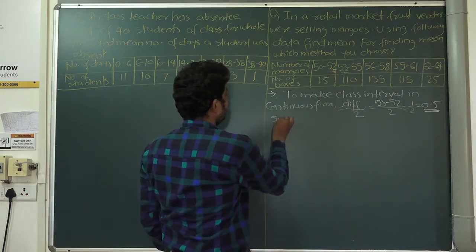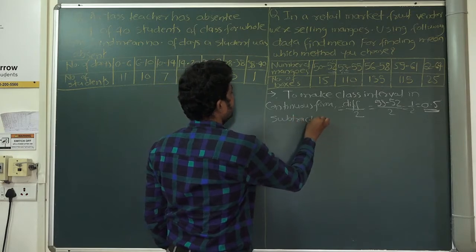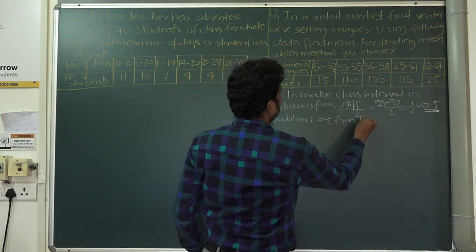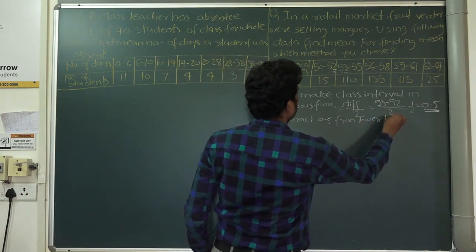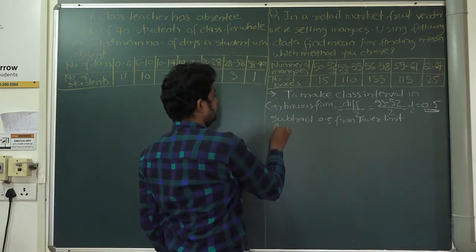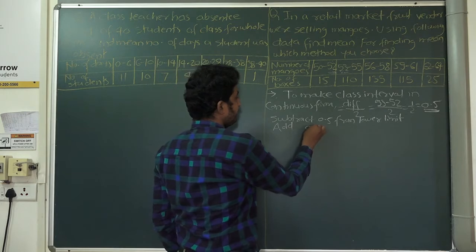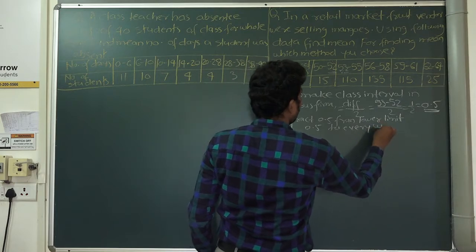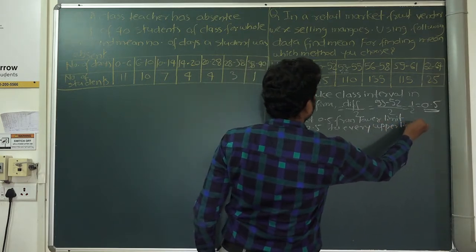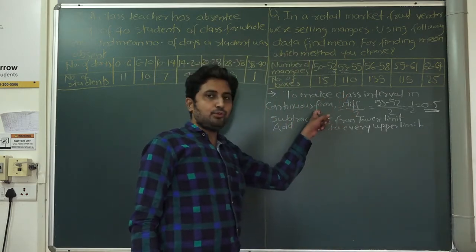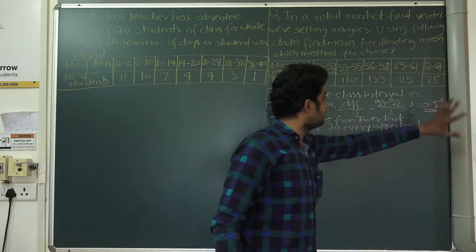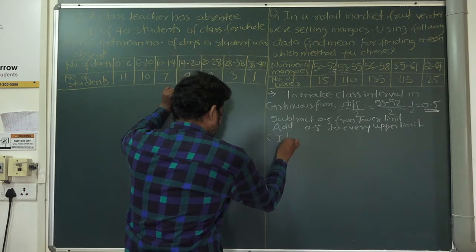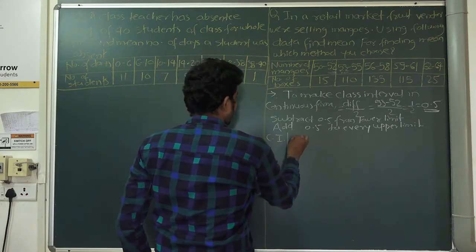So subtract 0.5 from the lower limit and add 0.5 to every upper limit, to make them continuous. To make them continuous, we use this correction factor, which is 0.5. Now dear students, our class interval becomes continuous.